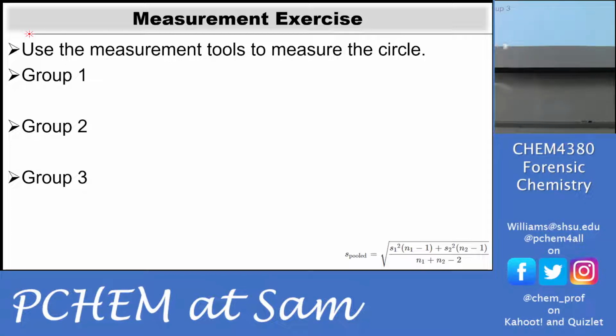Okay, there you go. You're measuring. You measure the circle and measure the direction.